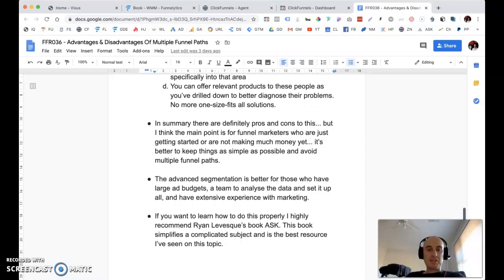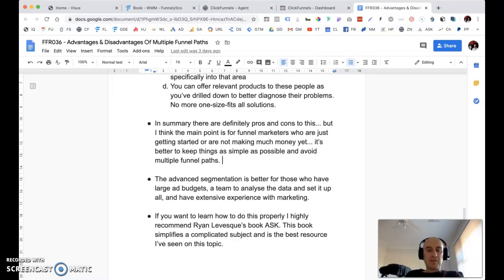The advanced segmentation is better for those that have large ad budgets. They also have a team to analyze the data properly and to set up the tech side of it as well, which can be a bit of a headache, particularly if you're a one-man band who's doing everything and you're not good at tech. That can just drive you crazy.